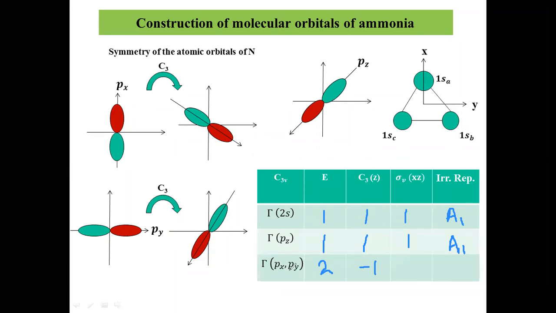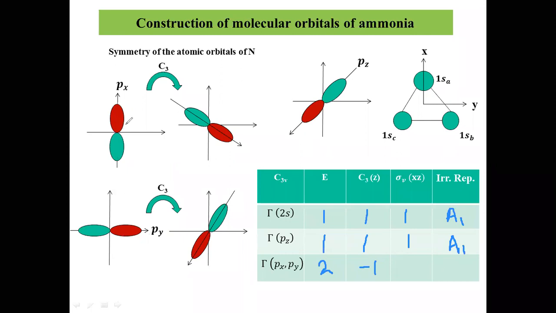Right? Now, if I go for sigma Vxz, look at it. If I take the xz plane, then Px remains unchanged. Now Py, of course, if I take xz along this, is going to go to minus Py.